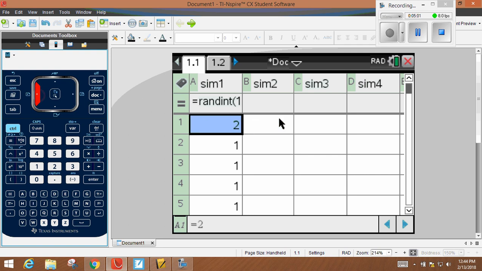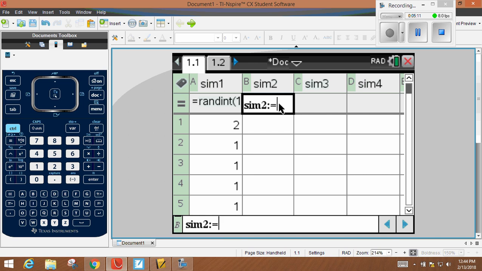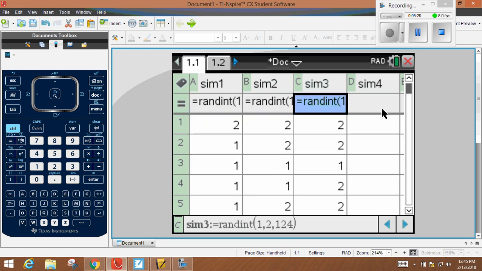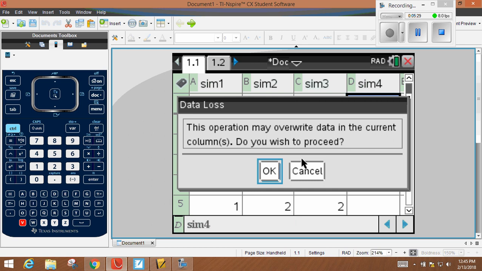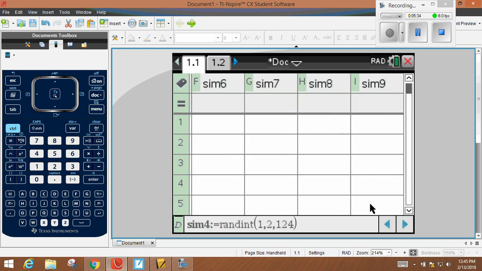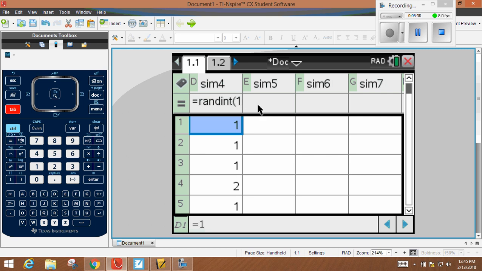I'm going to go ahead and copy this in to each of these. Oops, there's an extra equal sign there. We don't want that. Syntax. So we'll go ahead and do this lots and lots of times.